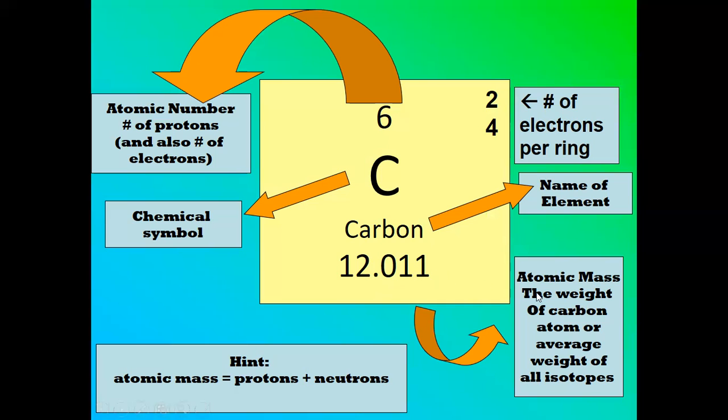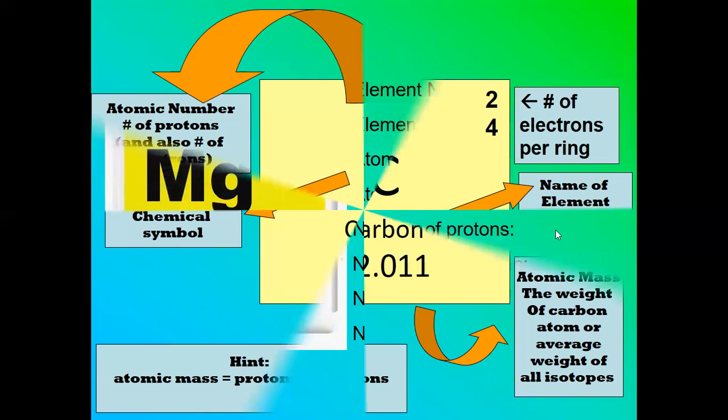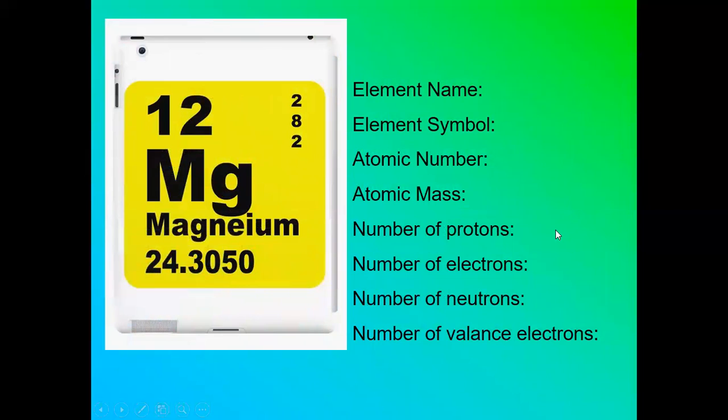What's the atomic mass again? It's going to be the weight of the carbon atom, and it is protons plus neutrons. I want you to look at this for a moment, and think about whether you could fill in this information. There's just one thing more that I have to tell you.